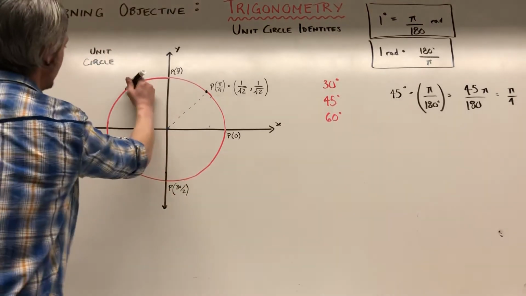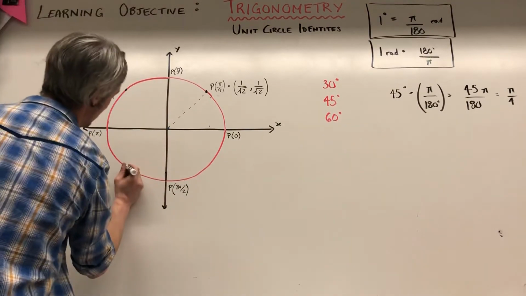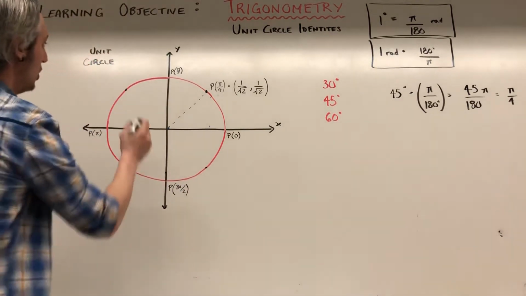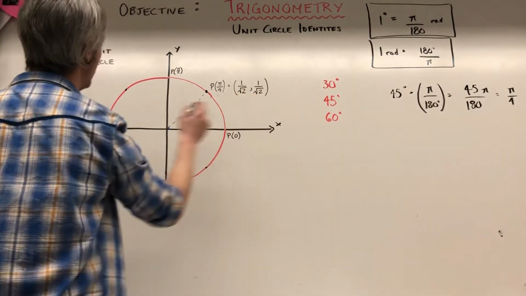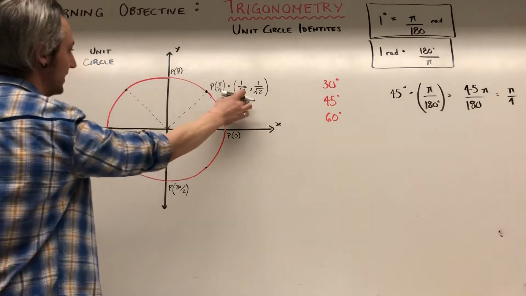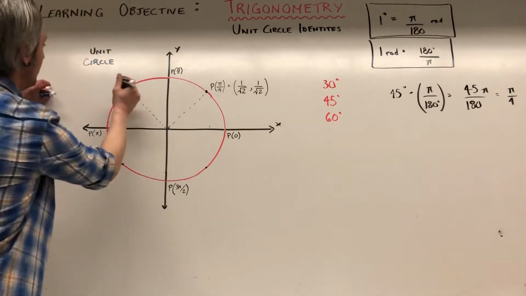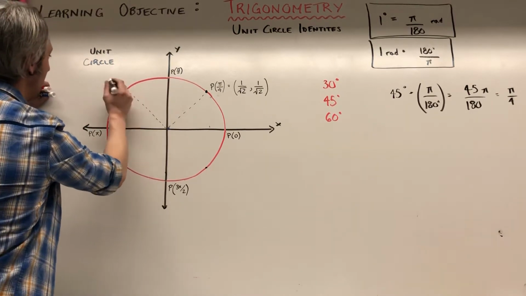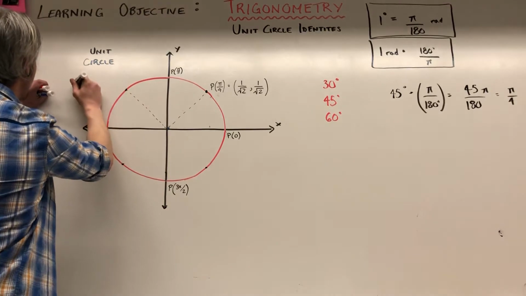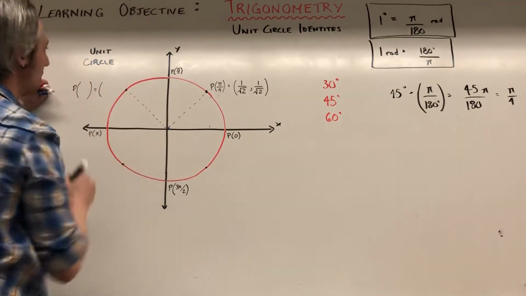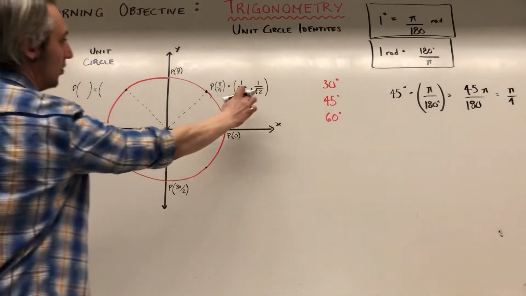Knowing that, I know that every 45 degrees in each quadrant will have some deviation from that, or it'll be based on this. I'm not going to figure out what this point is yet, but we'll get there. I know that this point has a y coordinate of 1 over root 2.